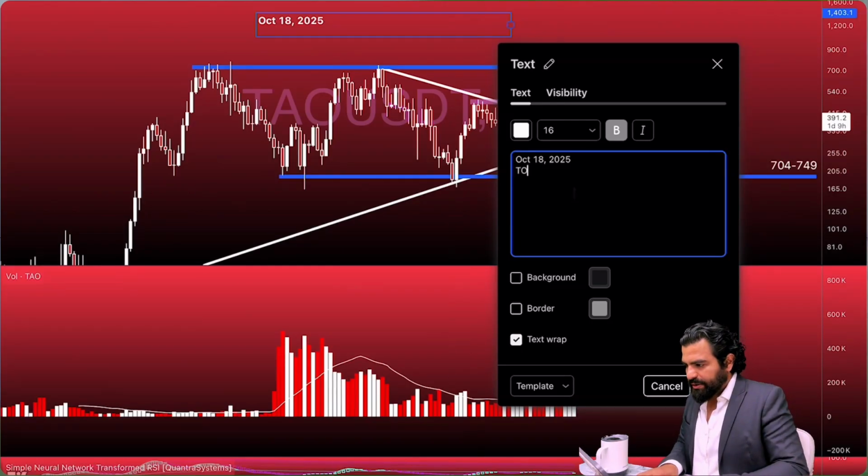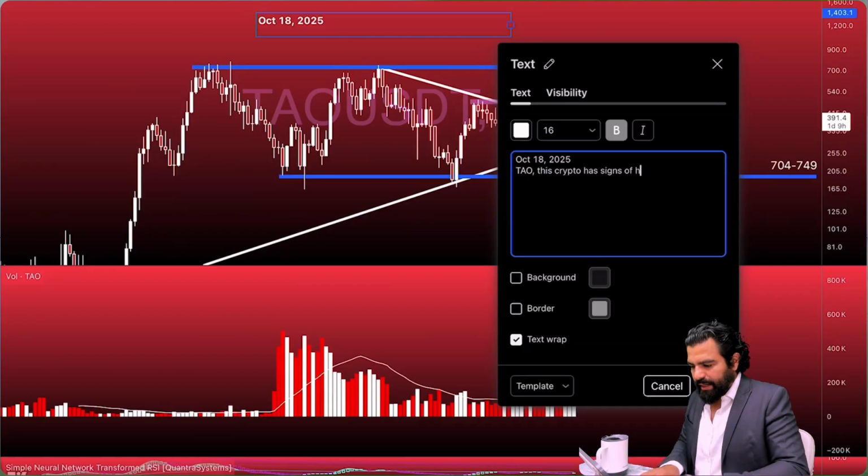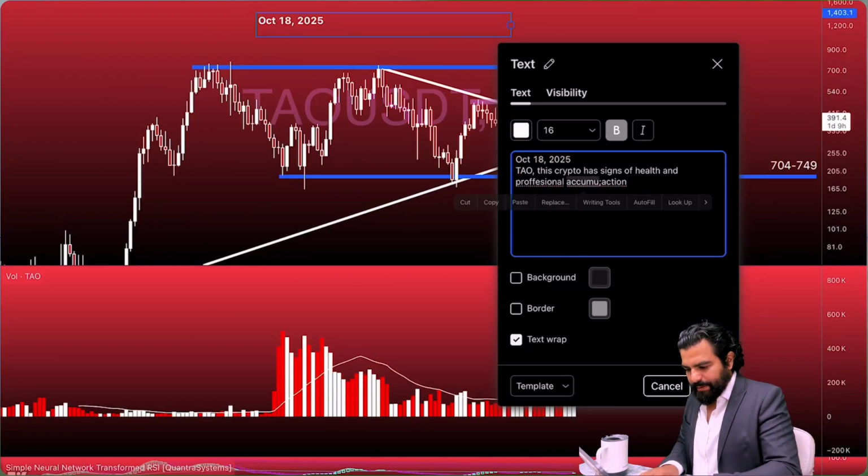October 18th, Tau. This crypto has signs of health and professional accumulation. Oh my gosh.